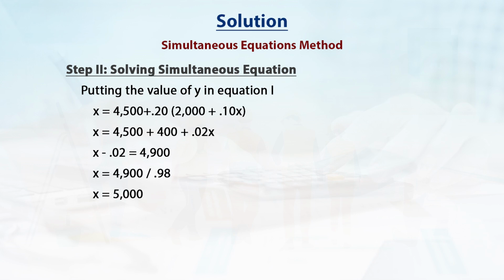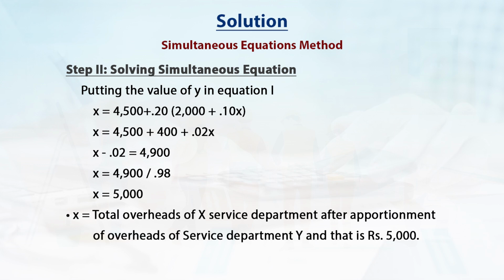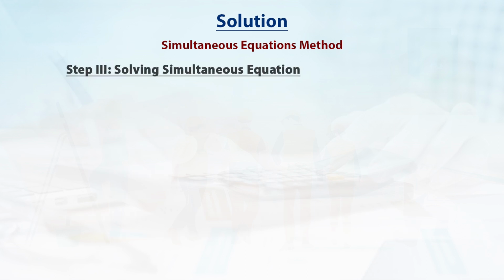Therefore, X is equal to 4900 divided by 0.98, which gives us X as rupees 5000. X is the total overhead of X service department after apportionment of overheads of service department Y, and that is rupees 5000.